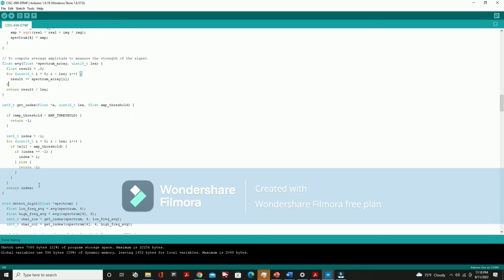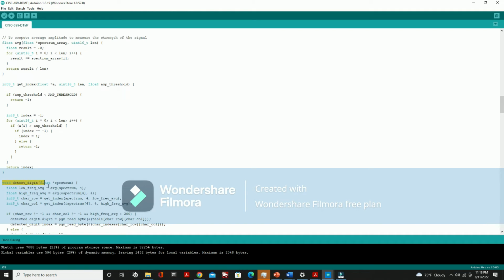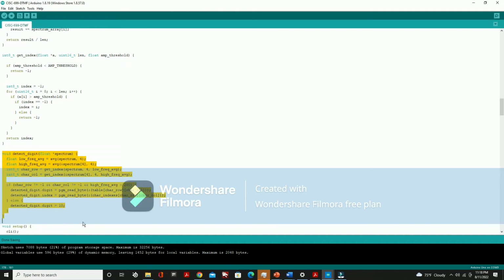To better explain this, I have to start from this function detect digit, where the actual detection happens. So we compute the average of lower frequency components and the average of higher frequency components, and then we call the get index function with the actual spectrum we have computed in the Goertzel algorithm, along with the number of frequency components.